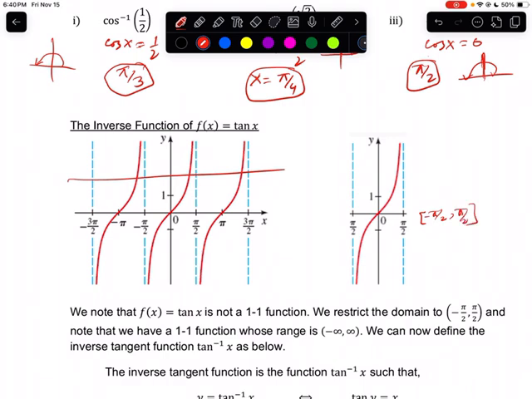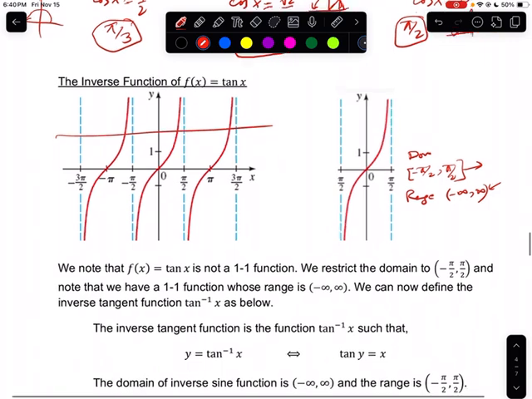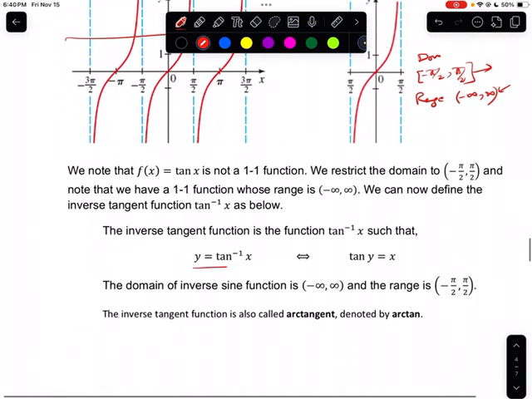Range is going from negative infinity to infinity. Okay. So this is the domain, and the range will be negative infinity to infinity. So in the inverse function, this will become the range and this will become the domain.